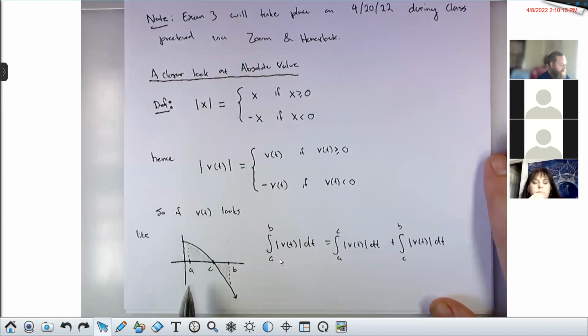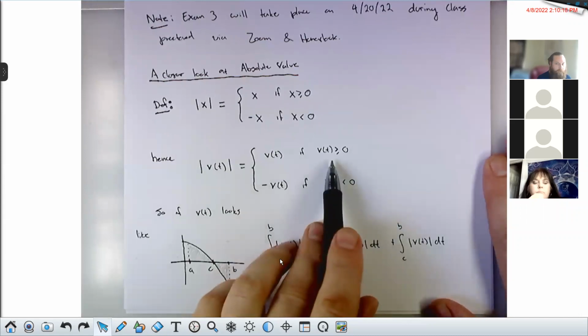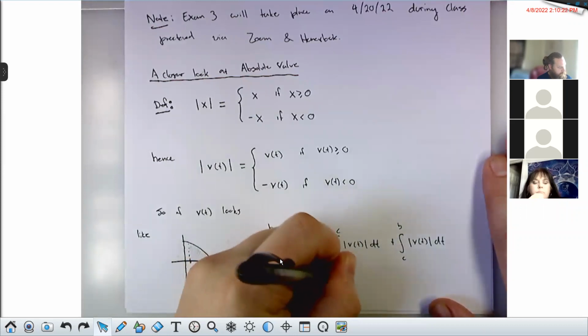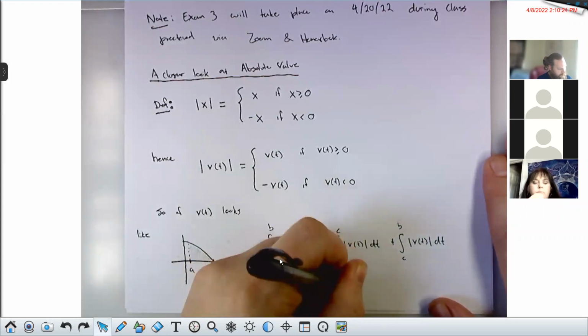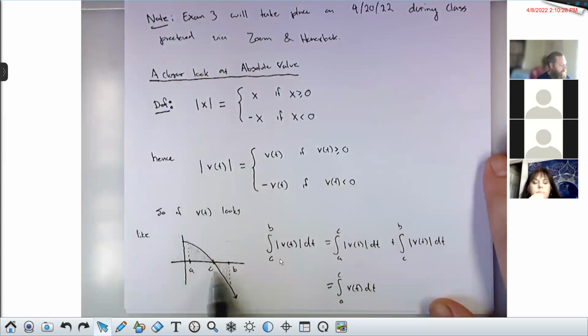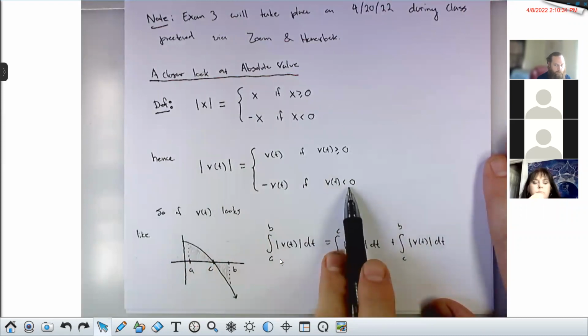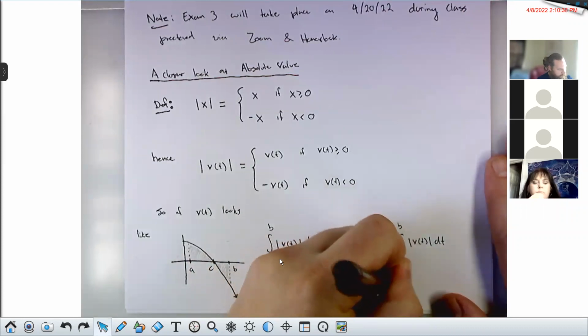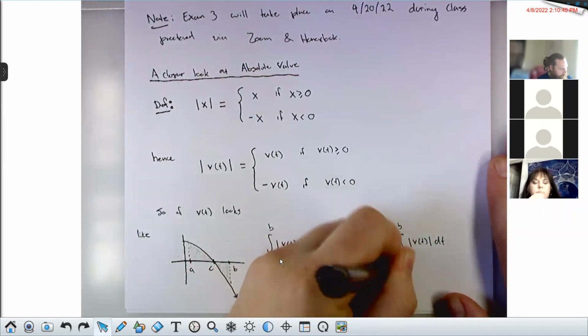And then from a to c, v of t is positive. So the absolute value of v of t is just v of t itself. And then from c to b, in this integral, the v of t function is negative. So the absolute value of v of t is actually negative v of t. So that's where that minus sign was coming from.